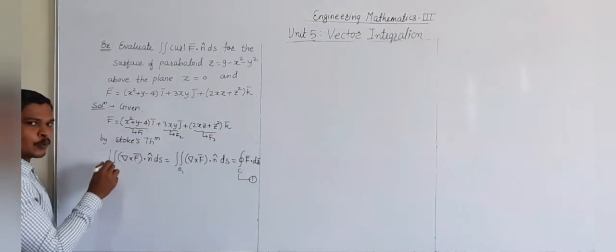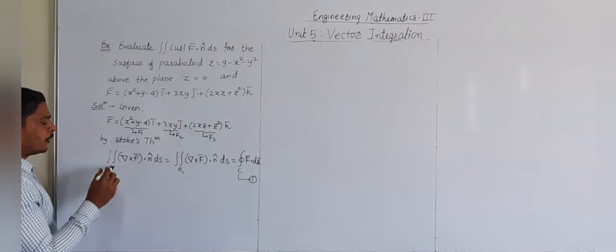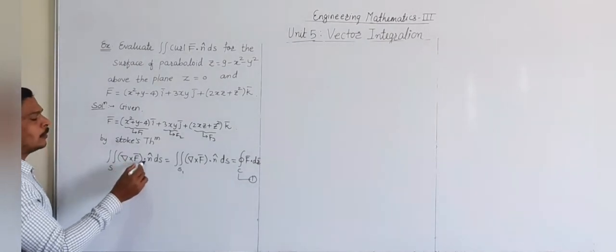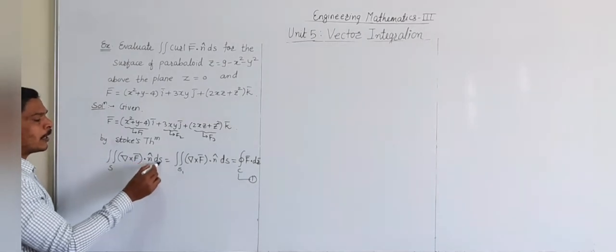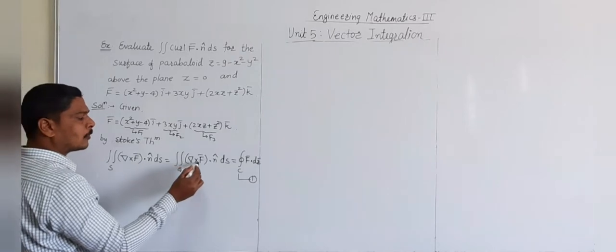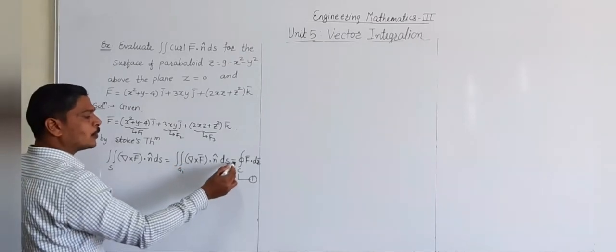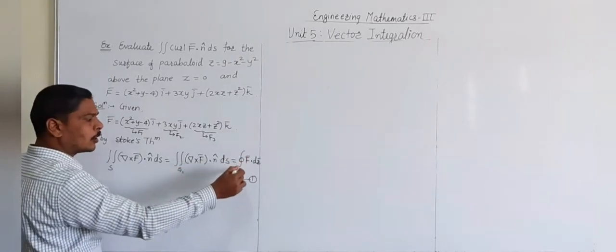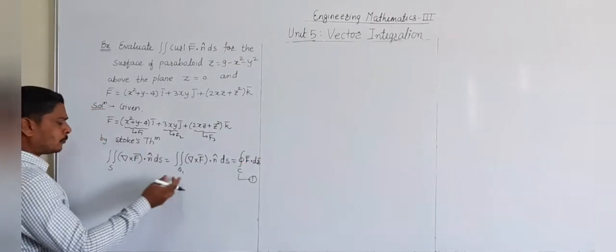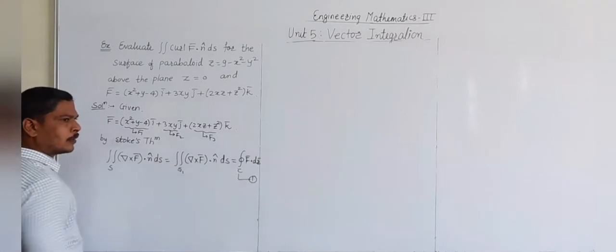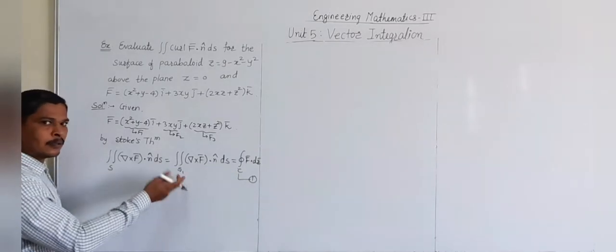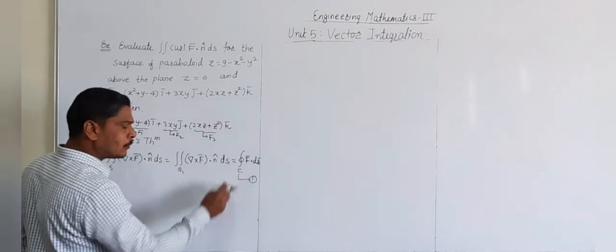So the statement of Stokes theorem becomes: the surface integral of del cross f bar, meaning curl of f bar, its dot product with n cap ds is equal to the surface integral over S1 of del cross f bar dot n cap ds, which is equal to the closed integral over curve C of f bar dot dr bar. So C is the curve, and this surface S and S1 both are bounded by this curve C.